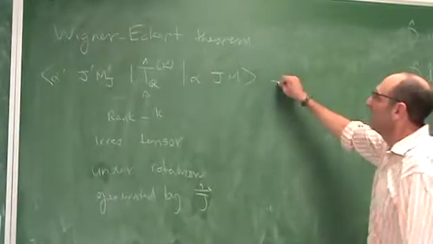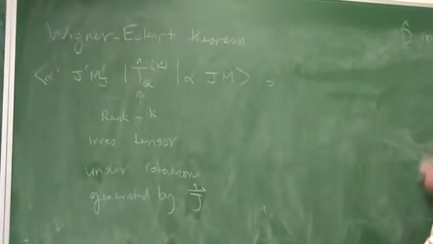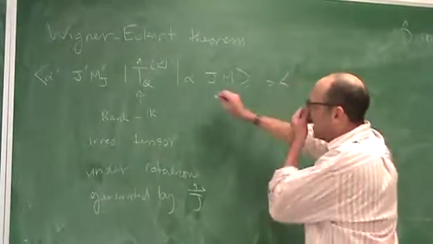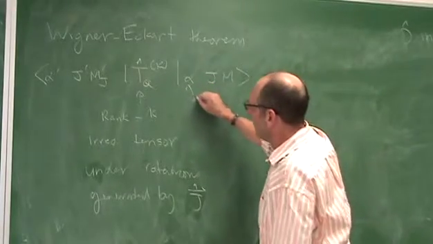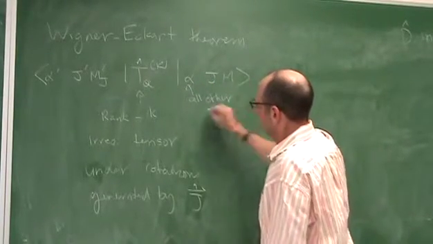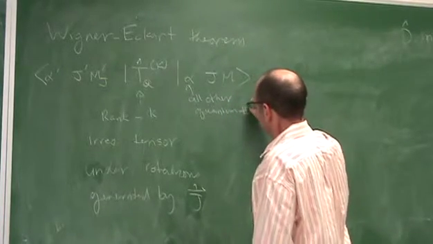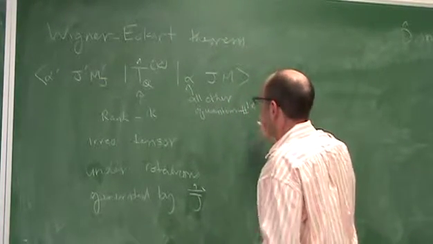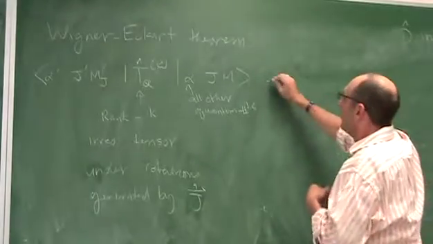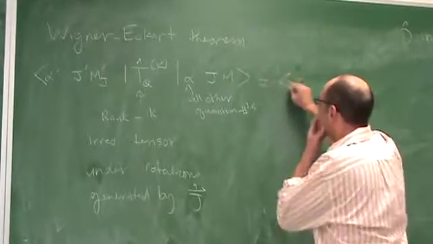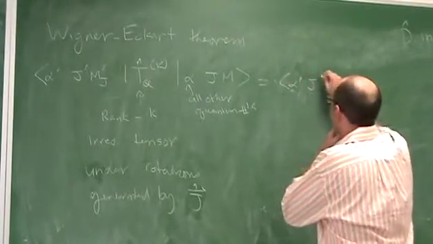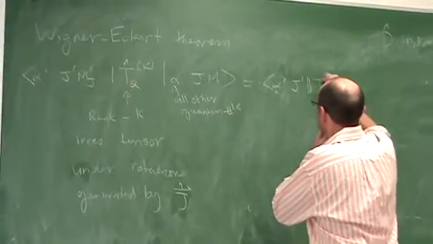These alphas here are all other quantum numbers. Then this matrix element is equal to the following. So you write it down, and then I'll explain.